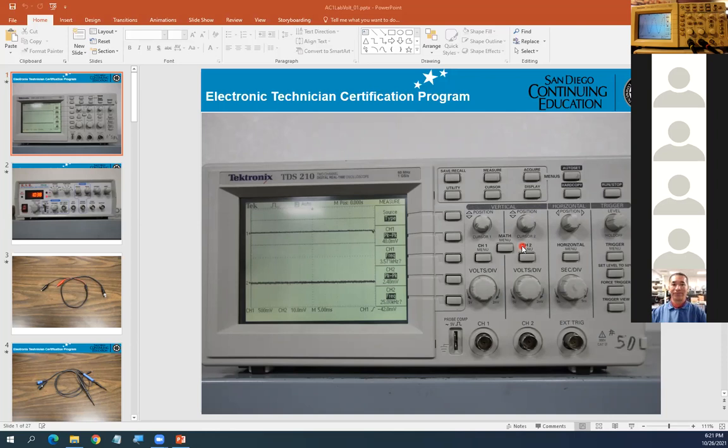Okay, so that is a big difference with the digital scope. With a digital scope, you can measure the frequency. You can measure the volt peak to peak. You can measure the VRMS. That means you get more things. You can measure period, whatever you want to measure.